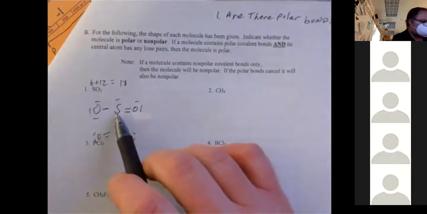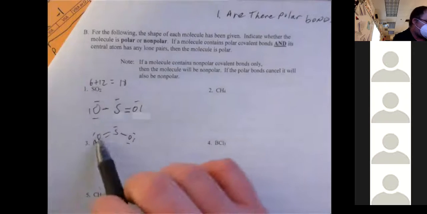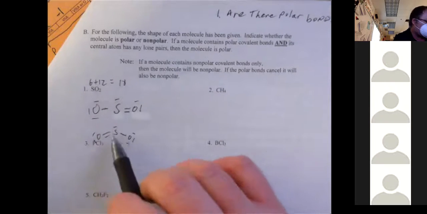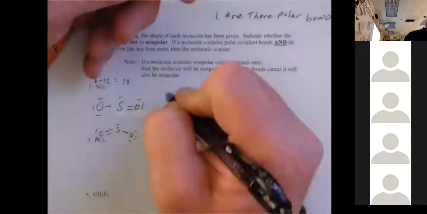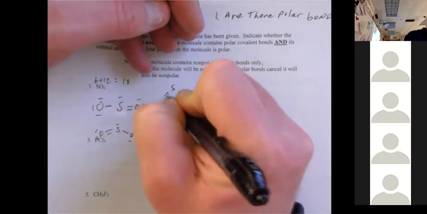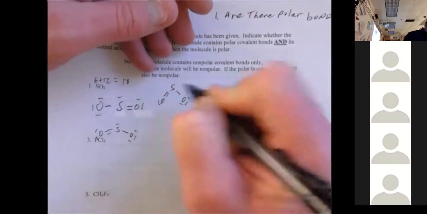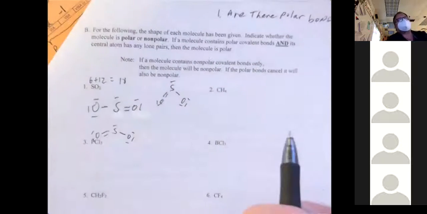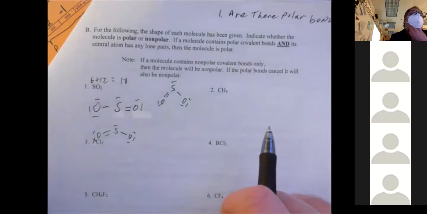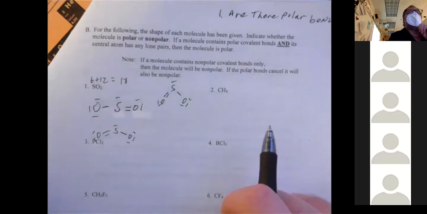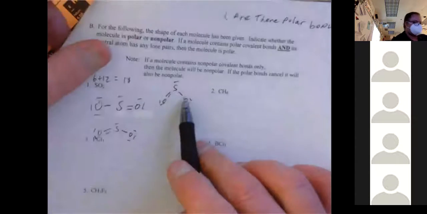The shape of this is a little bit misleading because I've drawn it out straight. In reality, it's bent because we have 2 bonded atoms and 1 unshared pair. So I'm going to redraw this over here one time, just so I can see that bent shape. So I'm going to determine if these bonds are polar or non-polar.